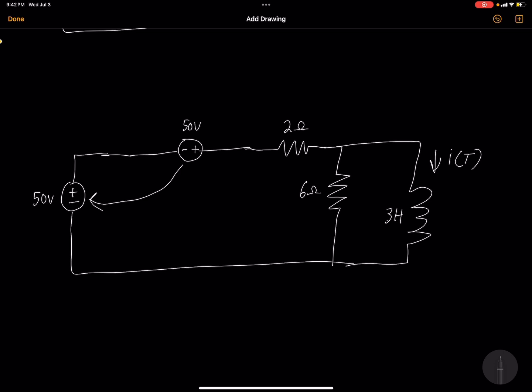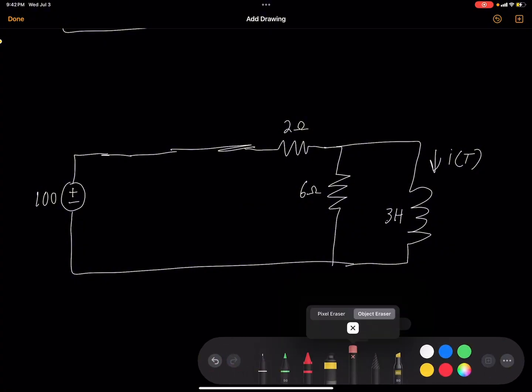Well, the thing you can do with voltage sources is you can add them together. That will become 100 volts. And you can only do that because they're right next to each other, like so.